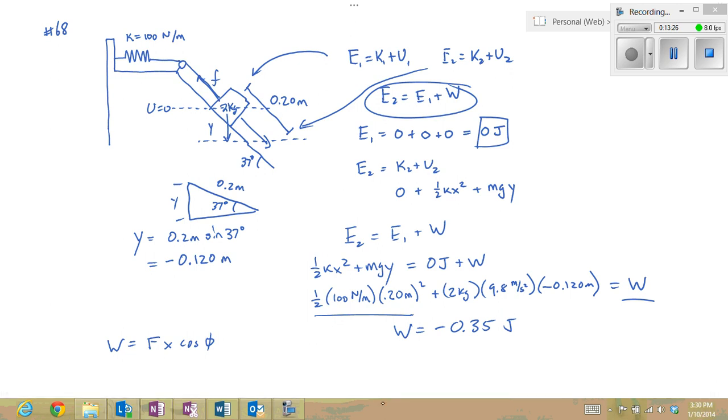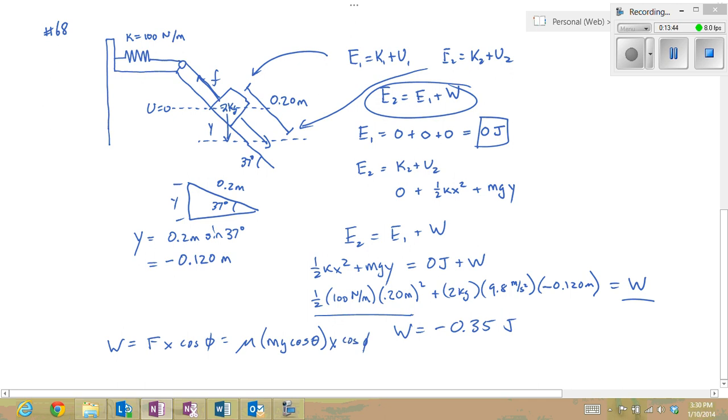So this is going to then equal the frictional force, which is equal to mu times mg cosine of theta for an inclined plane, times the distance that it travels, times the cosine of the angle in between them from the relationship for work.